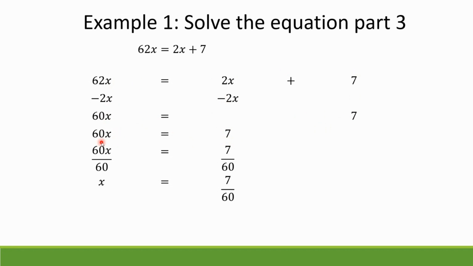We just want x. So what do we do? Divide both sides by 60. Remember, whatever you do to one side, you must do to the other. You get x equals 7 over 60. So that's what we get here, and that's our answer.